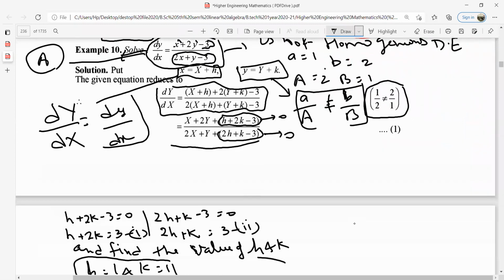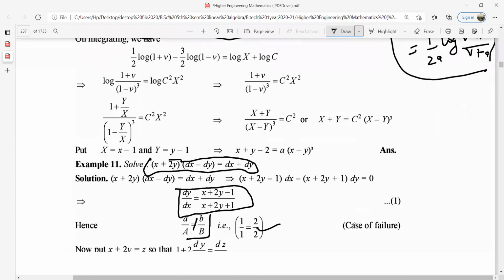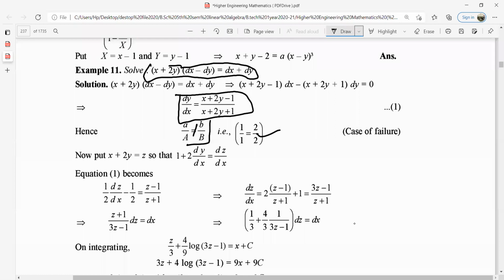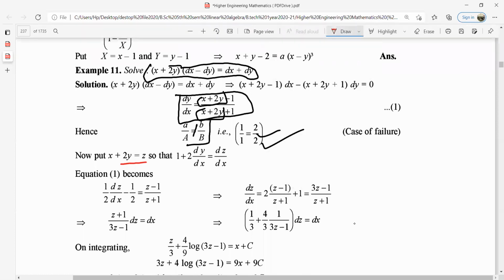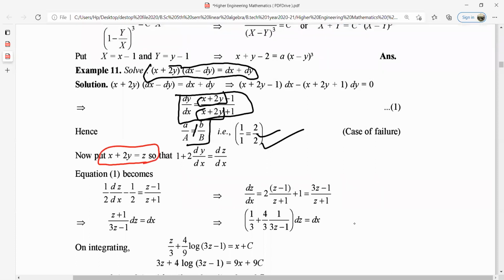So in this second question, using this method, you have to write down because this condition is satisfied. In this case, since these are the same above and below, we directly use this. After that, differentiate this with respect to x. So we get this expression and find the value of dy by dx.